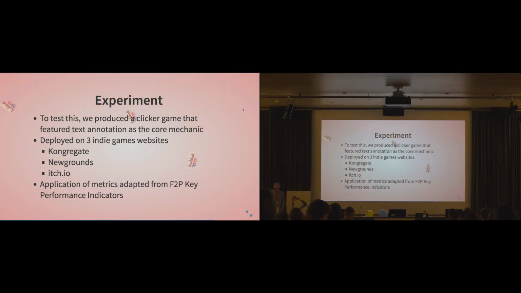So in our experiment, as I said before, we deployed this to 3 games portals: Congregate, Newgrounds, and itch.io. We wanted to test this amongst a discerning audience of real gamers. And we applied metrics adapted from free-to-play performance indicators to evaluate the success.